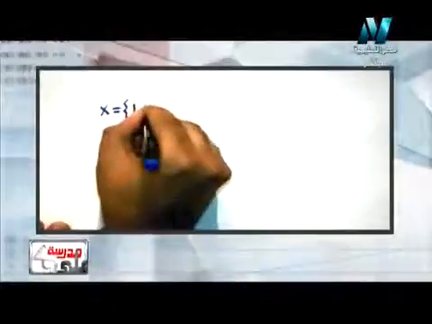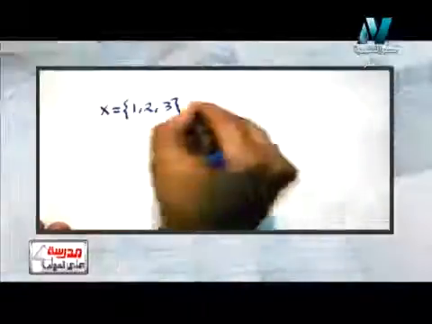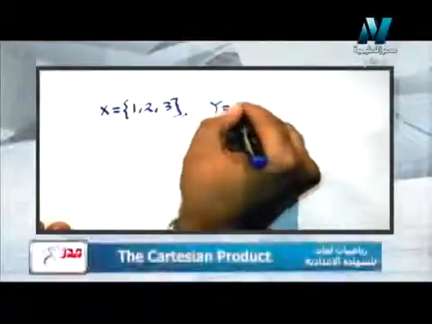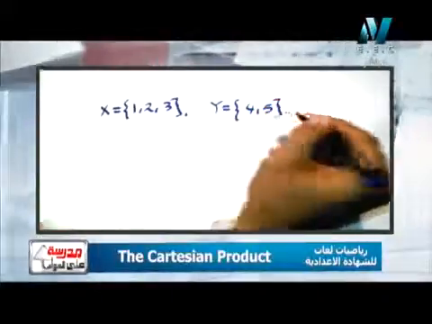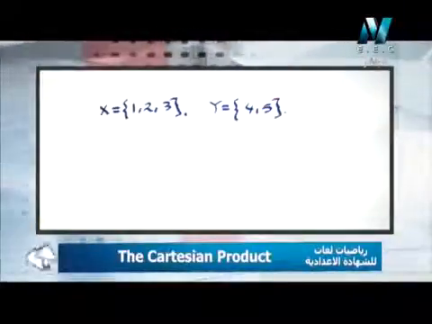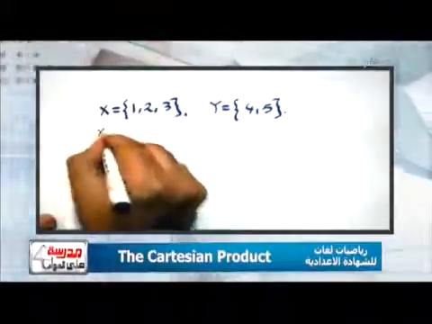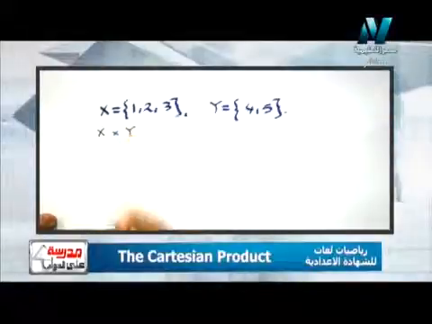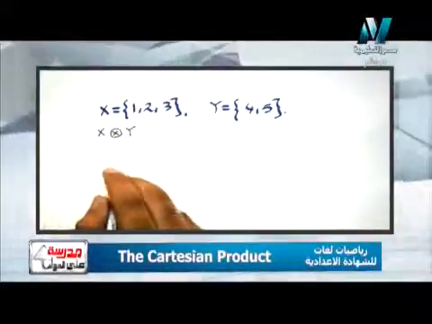For example, if I have two sets like X with numbers 1, 2, 3, and Y equals numbers 4 and 5. Simply to find X product Y, this symbol says product, not multiplication.